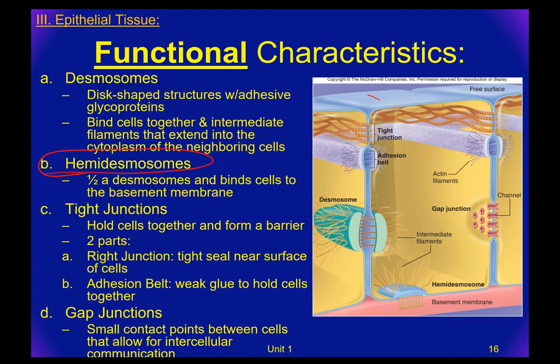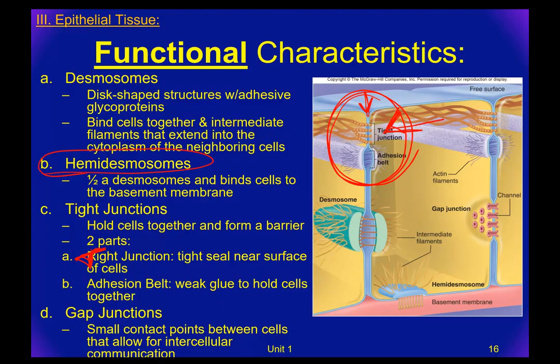Tight junctions. That's this little dude up here. Tight junctions do exactly what they sound like. They bind the cells so tightly together that nothing can go in between the cells, okay? That should be a T. The tight junction itself is what's forming that tight seal.